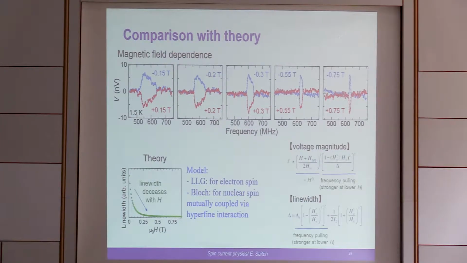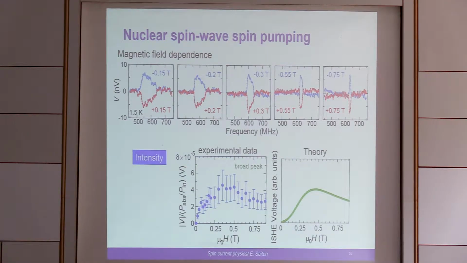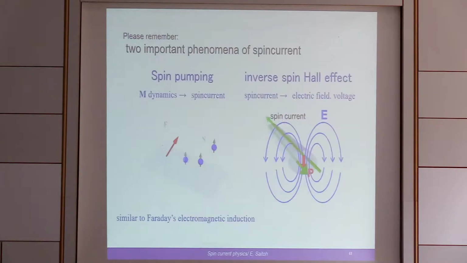We calculated spin pumping by solving the LLG equation for the magnetization and the Bloch equation for the nuclear spin. And this is the calculated result as a function of the field. This is the inverse spin Hall effect voltage as a function of the field, which is very consistent with what we observed in this material. Okay, so we attributed this to the nuclear spin wave spin pumping. Okay, anyway, so this is spin pumping.